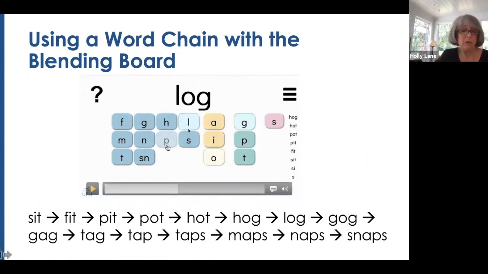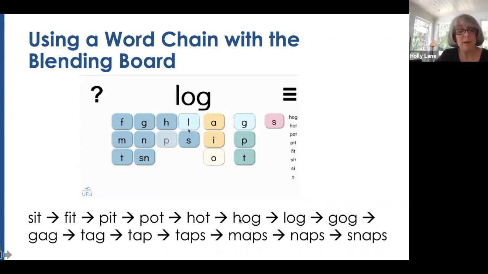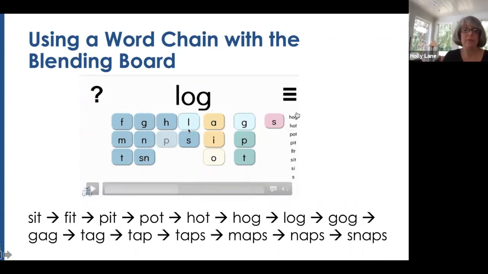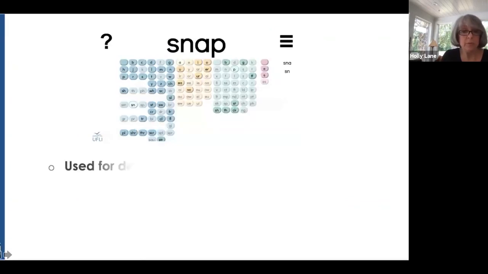That's because if you selected that here, it would make a nonsense word. And you could select it and still have the student decode the nonsense word. It's just alerting you to the fact that it's not a real word. So you need to be prepared to explain that to your student. But again, the word chain uses the kinds of changes we talked about, and the blending board keeps track of the last set of words that you've spelled.